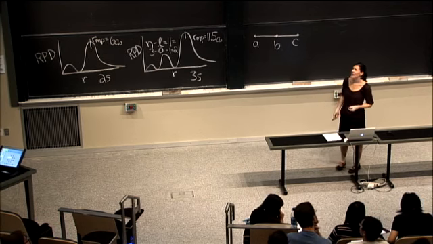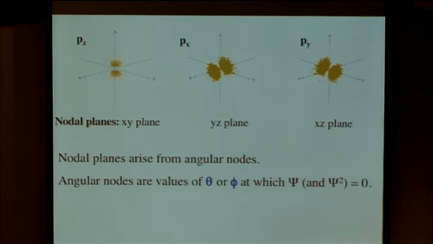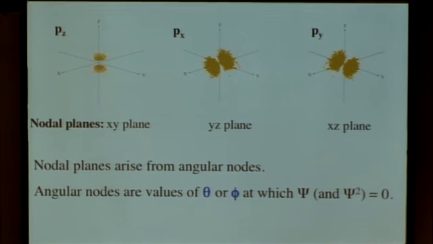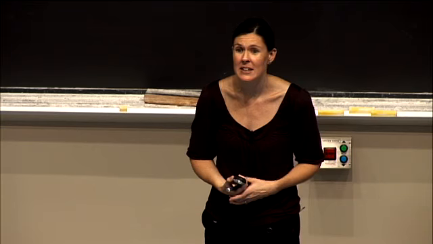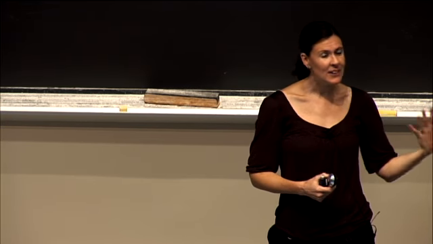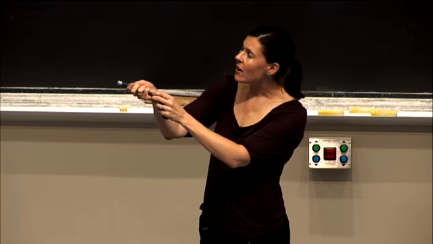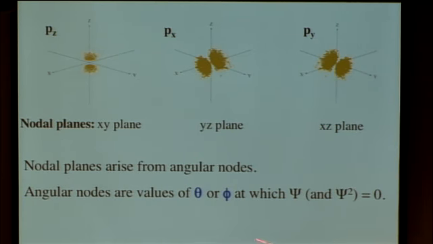When we talk about an angular node, what we're talking about is values of theta or values of phi at which the wave function, and therefore the wave function squared or the probability density, are going to be equal to 0. So you remember from last time, radial nodes are values of r at which the wave function and wave function squared are 0. So the difference is now we're just talking about the angular part of the wave function.